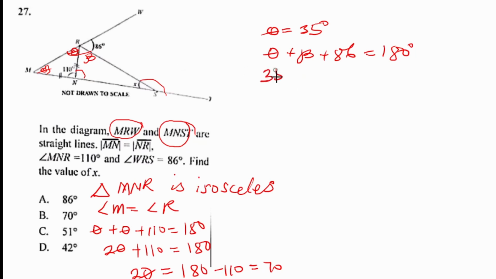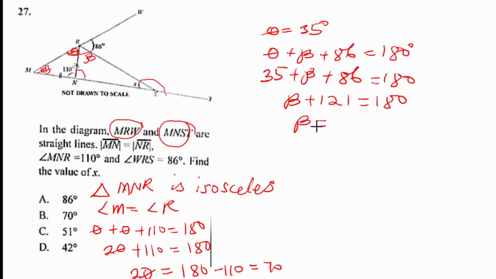So 35 plus beta plus 86 equals 180 degrees. 35 plus 86 gives us 121. So beta plus 121 equals 180 degrees. Subtracting 121 from both sides, beta equals 180 degrees minus 121, which is 59 degrees.